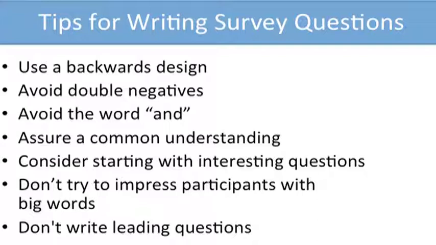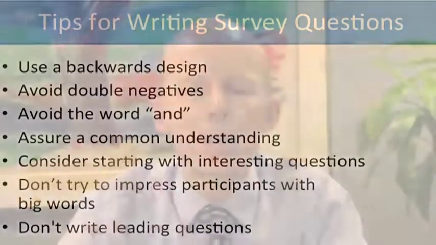Your survey questions should be written for common understanding. Anyone who takes the survey should understand what the question is. So don't try to impress your participants by using big words. Write it at a level of language that they'll understand. Avoid acronyms. Acronyms can be confusing.